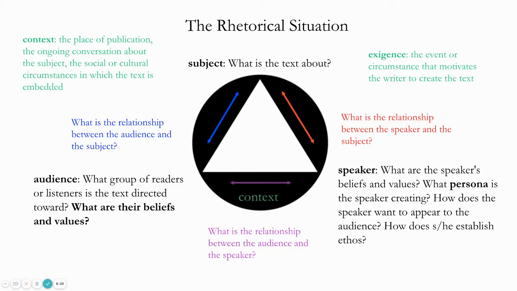In those cases, the speaker can kind of say whatever they want, but the audience knows the speaker so well that if the speaker is not being truthful about how they're presenting themselves, then that's going to actually damage their ethos. If the speaker is somebody that the audience has never met before or knows only on a superficial level, then it's going to be more important for the speaker to work on that persona because of how important trust is to the persuasive relationship.